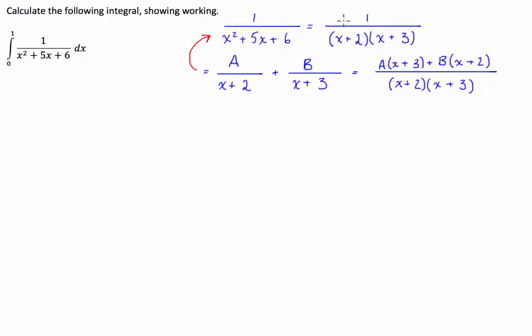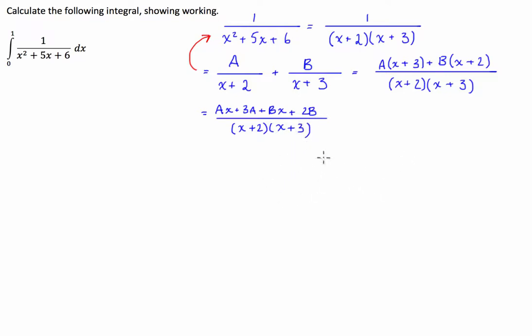Cool. So now I'm going to multiply out those brackets. And I have Ax plus 3A plus Bx plus 2B, all over x plus 2, x plus 3.